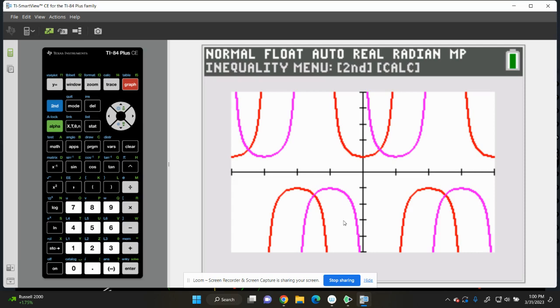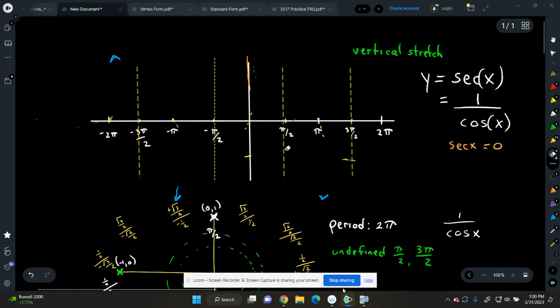It's just shifted over. So when we look at the curve here, if I draw my cosecant curve, here's my cosecant curve right like this, and it's going to continue like that.